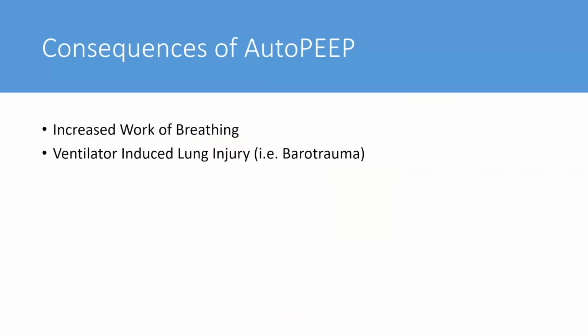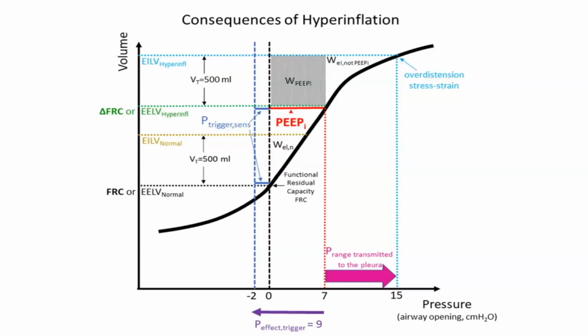Another thing to consider is ventilator-induced lung injury, most often barotrauma, because like we said, as a lung becomes hyperinflated, we're starting to approach this flatter portion of the pressure volume curve where lungs can easily get over distended and suffer lung stress just from already big and hyperinflated lungs.